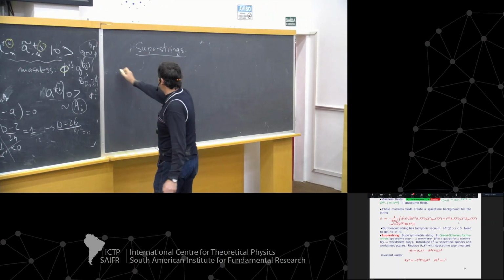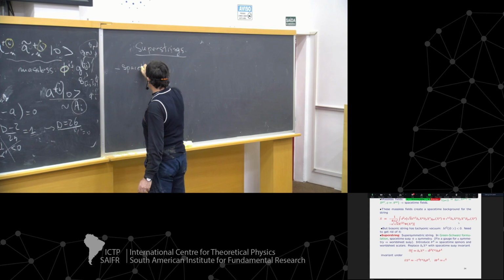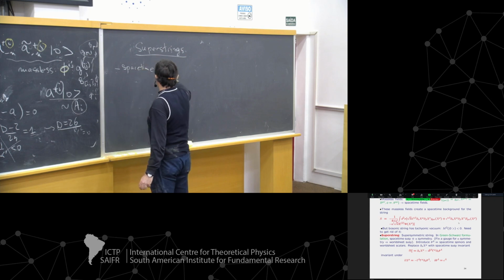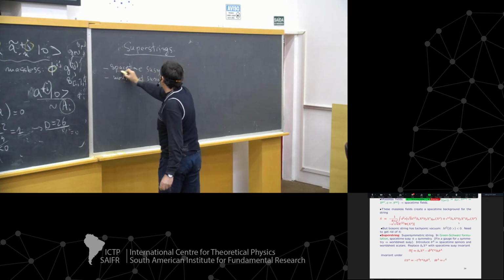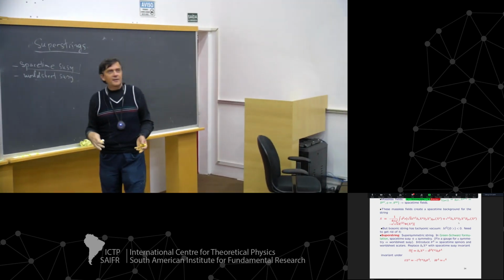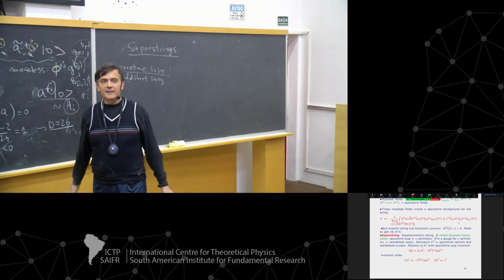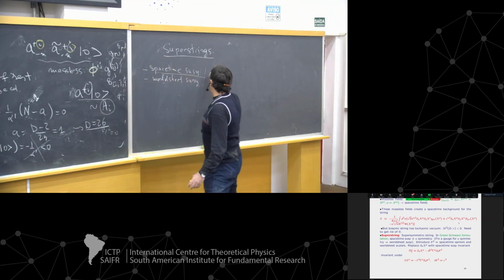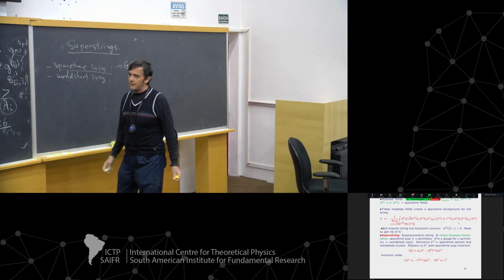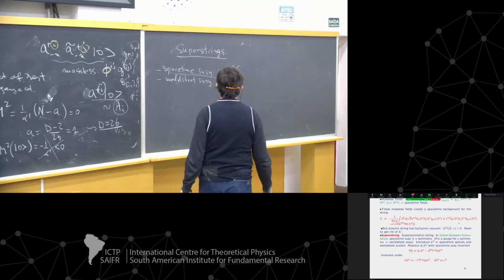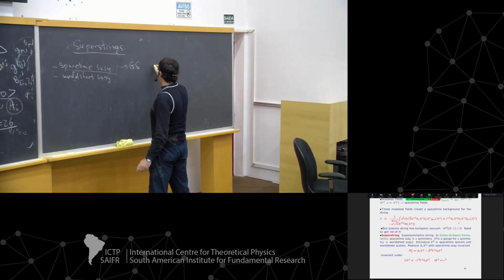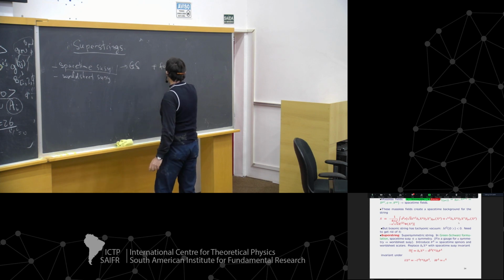But what kind of supersymmetry? In principle, I can have space-time supersymmetry or world sheet supersymmetry. The one that we're more familiar with, because we can measure it, is space-time. So this would be the Green-Schwarz formulation, in which one considers an object with space-time supersymmetry, but also a fermionic symmetry called kappa symmetry.